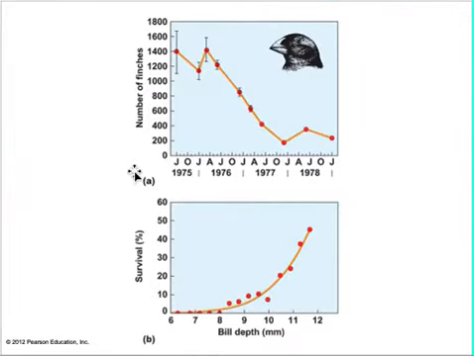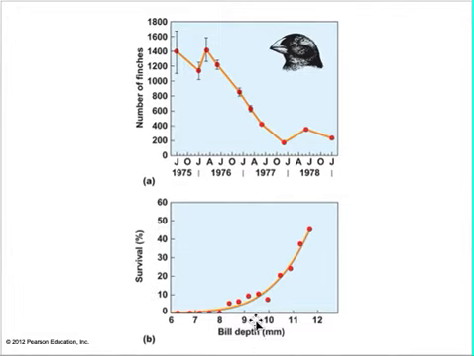As you can see in this figure, there's the number of finches and the year, including the months. From 1975, there's a fluctuating population of finches, which drastically dropped from 1976 to 1977, and then increased and fluctuated within 1978. In the lower figure, you can see the percent survival and the bill depth.